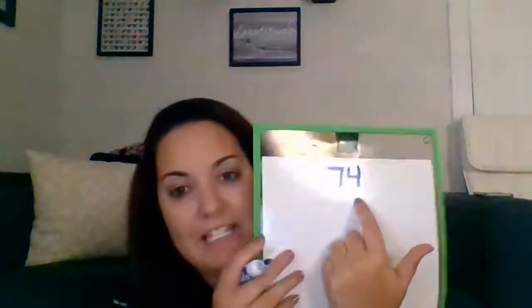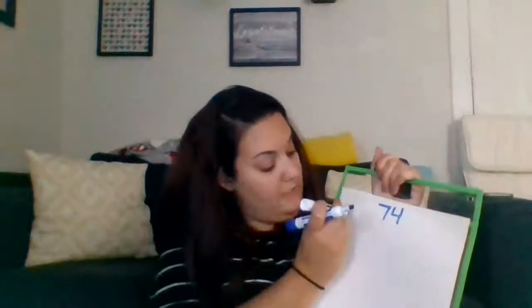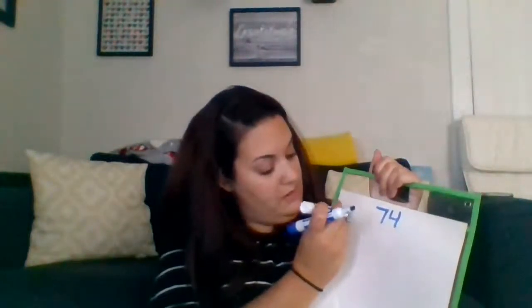So let's practice one together. We're going to make a new number. We're going to use the number 74. I'm going to write it here. So first, I wrote it in standard form. Now, I'm going to draw my picture form. Remember, when we draw our picture form, we can make our T-chart to help us.